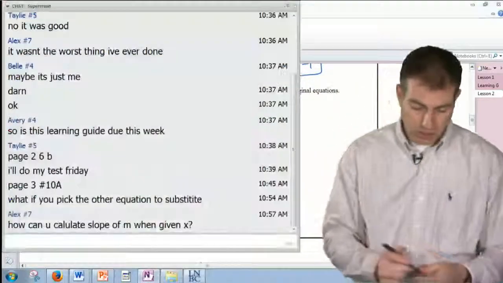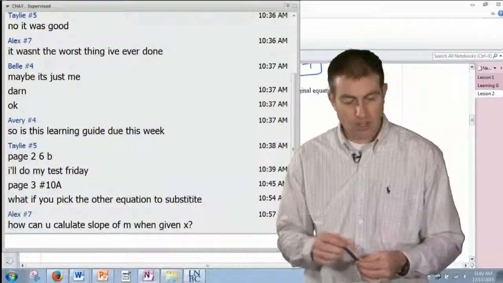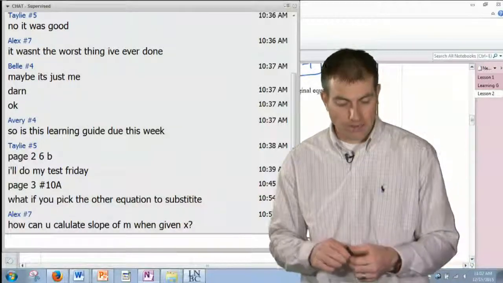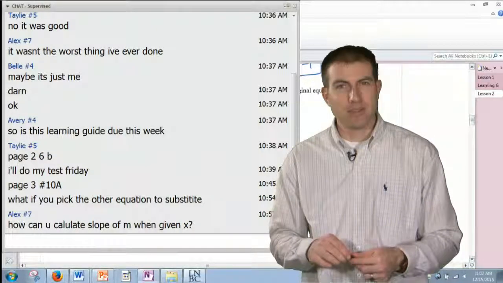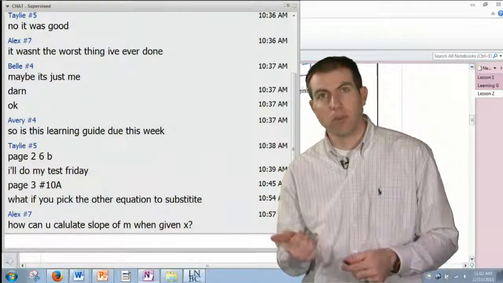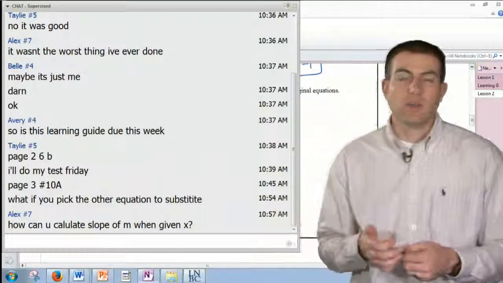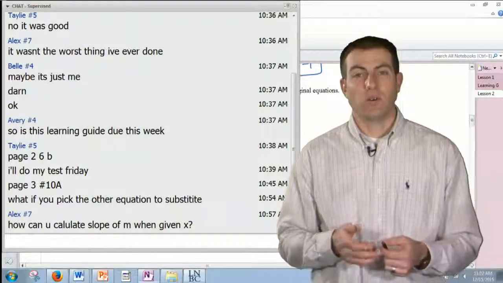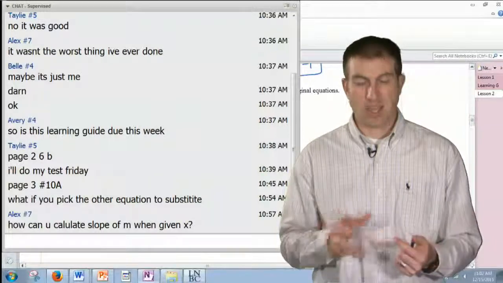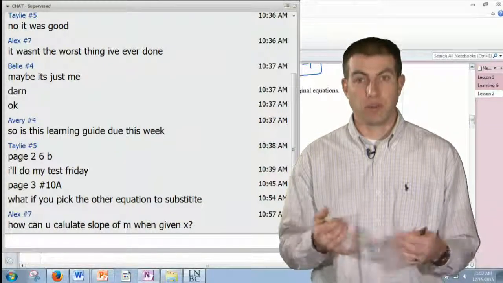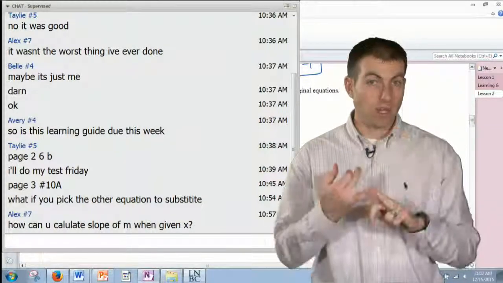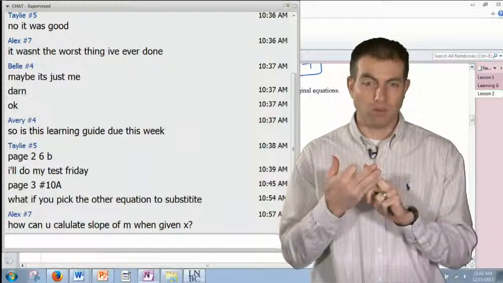Alex, I'm just seeing your question here. How can you calculate the slope of m when given x? Basically, when we have the slope, we can't find the slope unless we know the x and the y coordinate. So there's basically three things. You have an x coordinate, you have a y coordinate, and you have the slope.